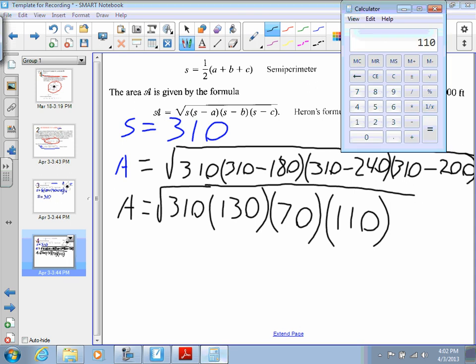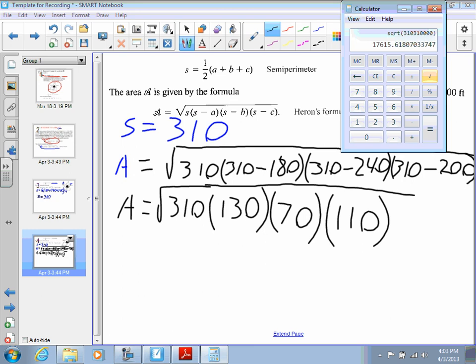So let's go ahead and try this. So we have 310 times 130 times 70 times 110 equals, and now I need to find the square root right there. And there's my square root. And let's take a look at the problem here. Does it say what to round to? Round to the nearest whole number.